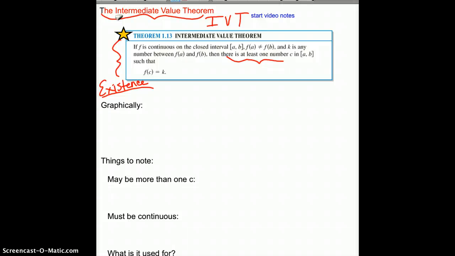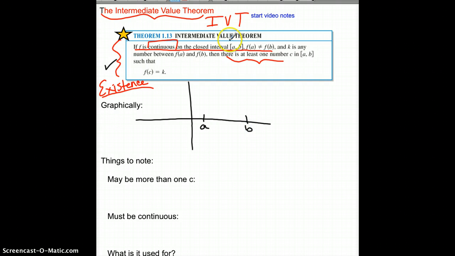So now let's put it in all of its math splendor here. This is what I would call the hypothesis of the theorem. This only works if a function's continuous, so you should block that in. And so I won't lift my pencil. I'm going to go to an A here and a B here. And this means the interval's closed, so I'm going to have solid dots.